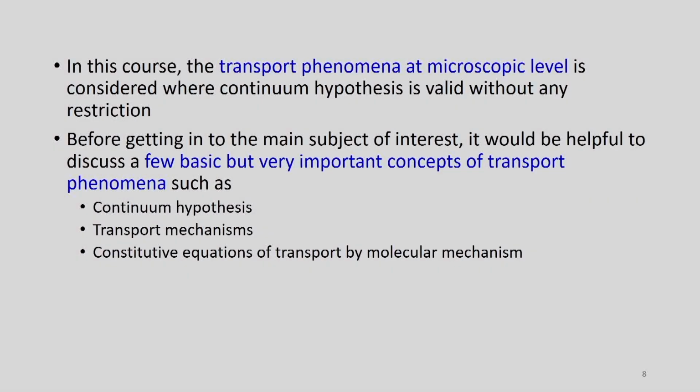Before going into the main subject, it is important to recapitulate some of the fundamental relations, equations and concepts related to the course, which we may already know, such as the continuum hypothesis, transport mechanisms, and constitutive equations of transport by molecular mechanism. So, we start with the continuum hypothesis.